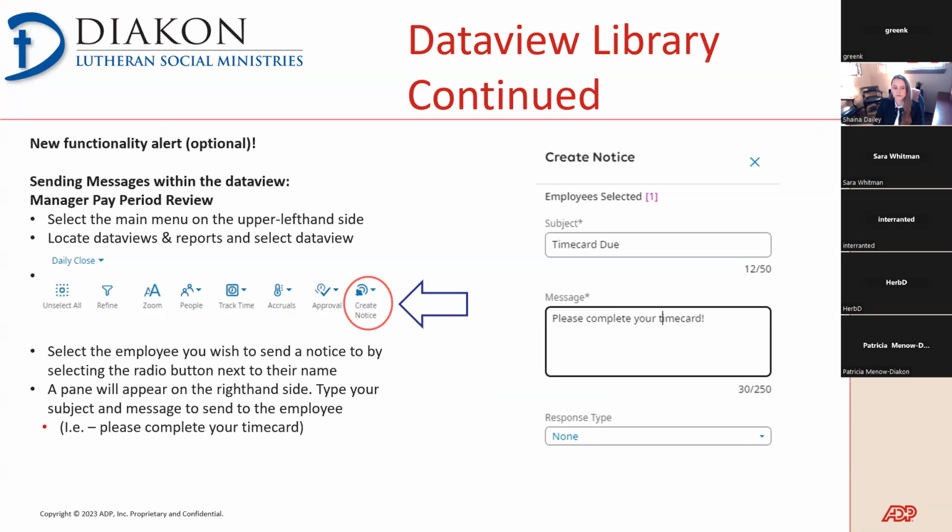Here you can go ahead and say create a notice. You can send a little message that'll go directly to John Smith saying, hey, please complete your time card. So I think this will be a great tool to use, whether one-on-one or just in a mass announcement. Again, I can see payroll and HR probably using this from time to time for certain things that come up. But it's very, very simple, and it should be pretty user-friendly for anybody that wants to use this new feature.